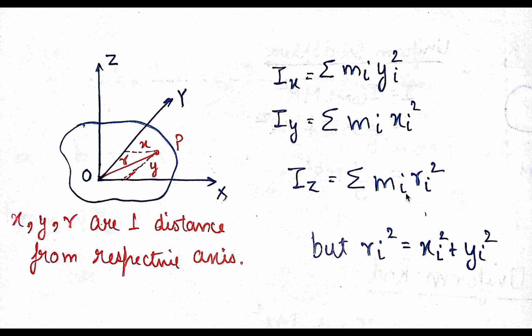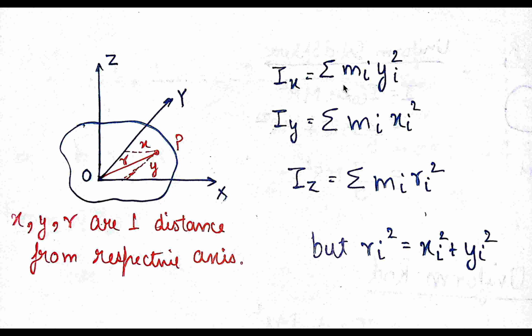So the moment of inertia about the z axis will be the summation over all the points. So these are the three equations that you have got. Now you know that ri square equals xi square plus yi square. Why did I write i? It is for the individual particles, so i can number from 1 to infinity. So for a point this equation is valid, that is r square equals x square plus y square.